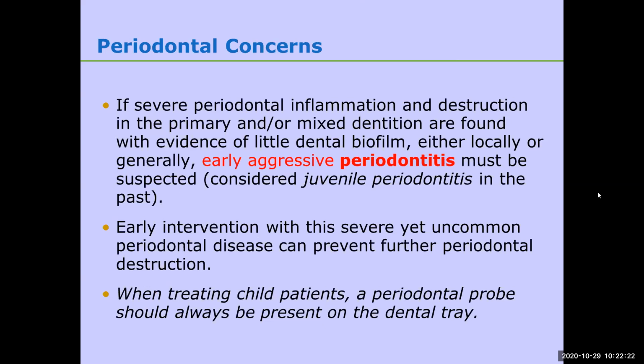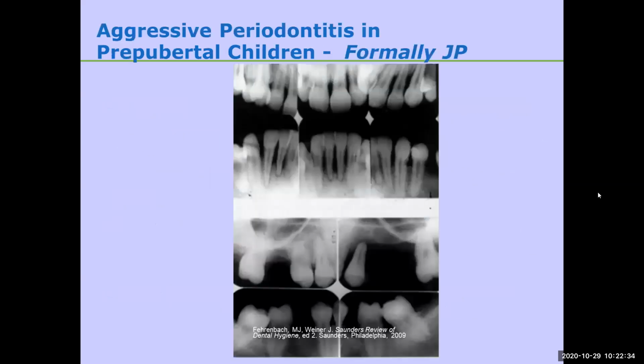Now, do you probe in school? We only probe permanent teeth that have fully erupted. But if you're suspecting anything, you're going to be taking periapicals, because this is what can happen at a very early age. They're losing teeth at the age of 12. Very fast bone destruction.